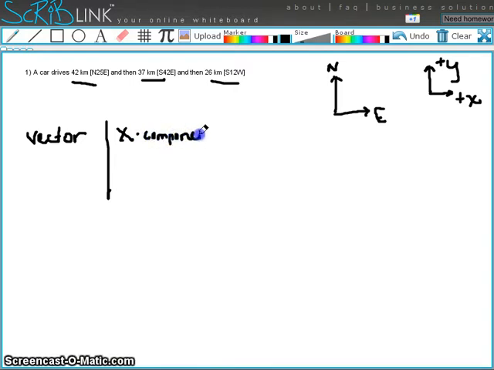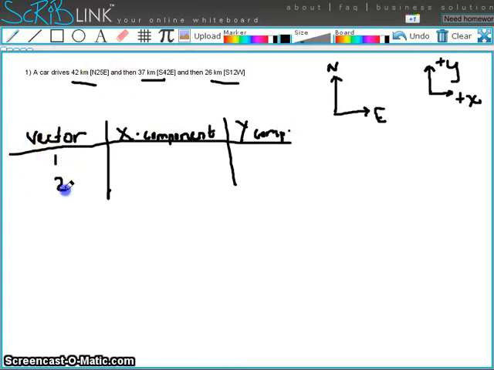And then you're going to have your y component. We have three vectors, so we're going to need three rows. So 1, 2, 3, and then we're going to have a final one for the sum of all the vectors, right? So always set up your table like this. Obviously you can make it neater than mine because I'm doing it on the computer.